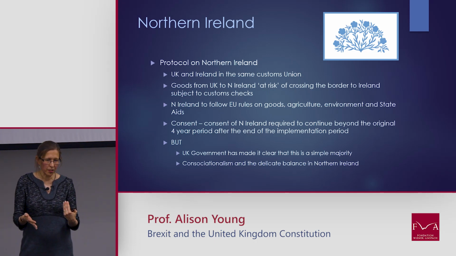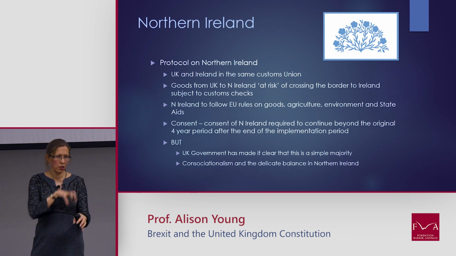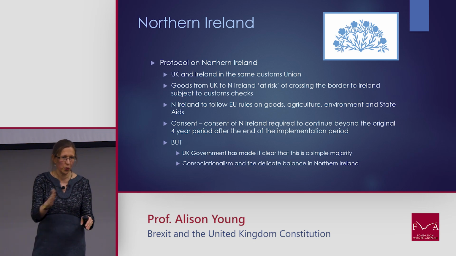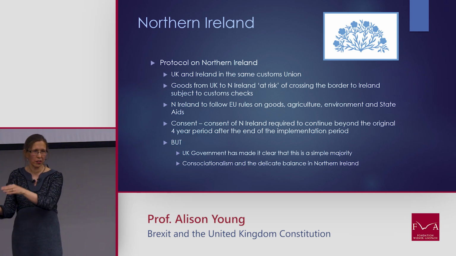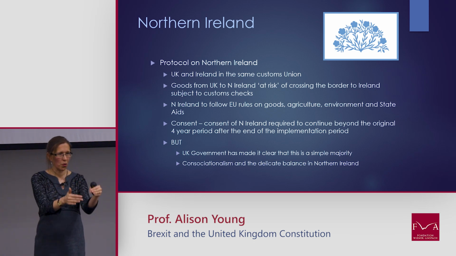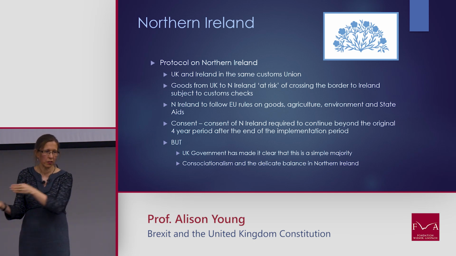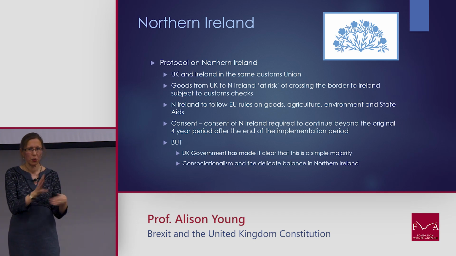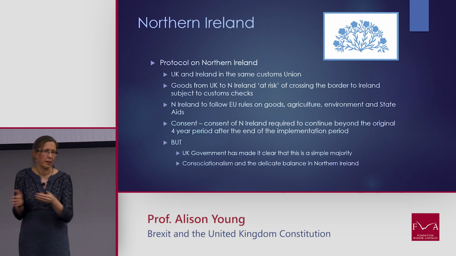And it deals with this by seeing Northern Ireland as part of the same customs union as the UK and having a not hard but sort of semi-fluid border between Northern Ireland and the UK, where goods at risk of going from Northern Ireland to the EU have to be controlled and checked, and those that aren't can come through freely. How we work this out, we're not yet quite sure, but we'll be putting these things in place.